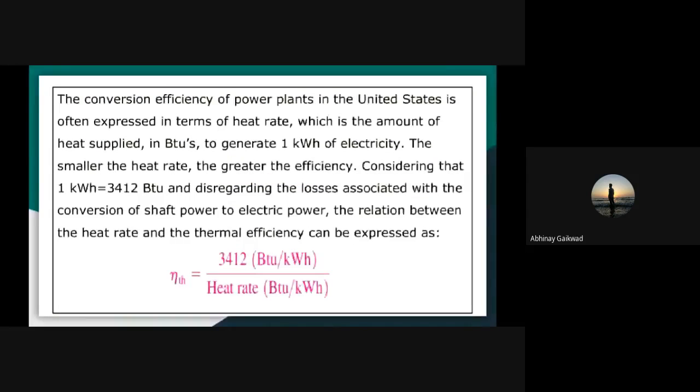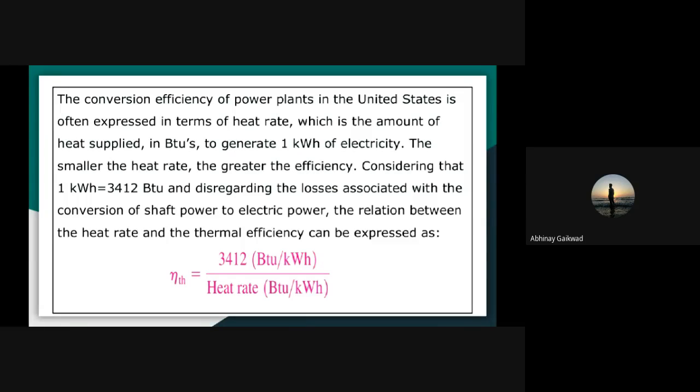Now, normally the conversion efficiency of the power plant. This power plant works on a thermodynamic cycle, and here that is the Rankine cycle. The conversion efficiency of power plants in the US is normally expressed in terms of heat rate.